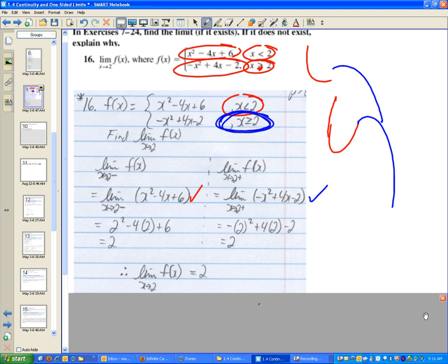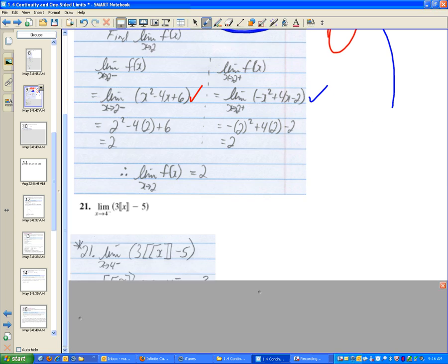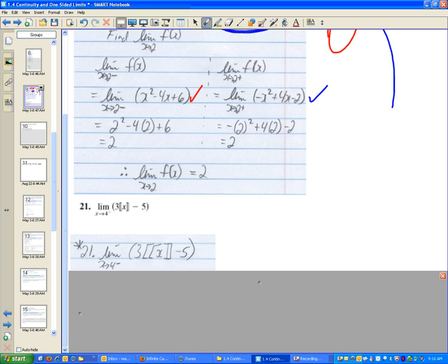Yeah. Let's take a look at 21. That is the limit of 3 times the greatest integer of x minus 5 as x approaches 4 from the left.